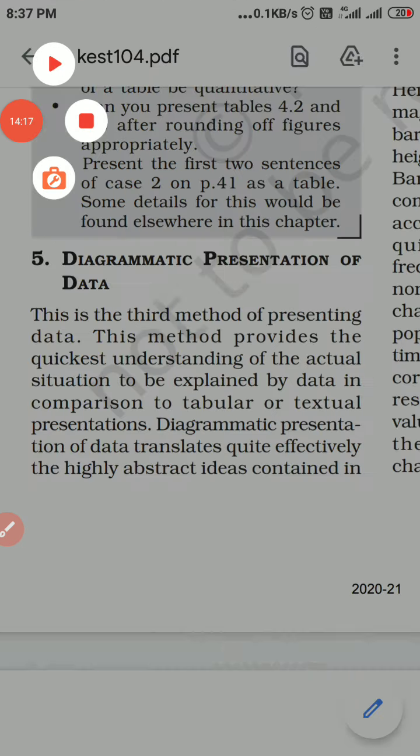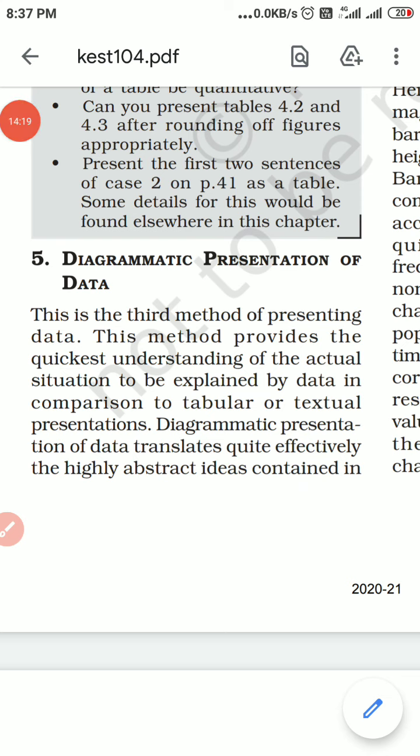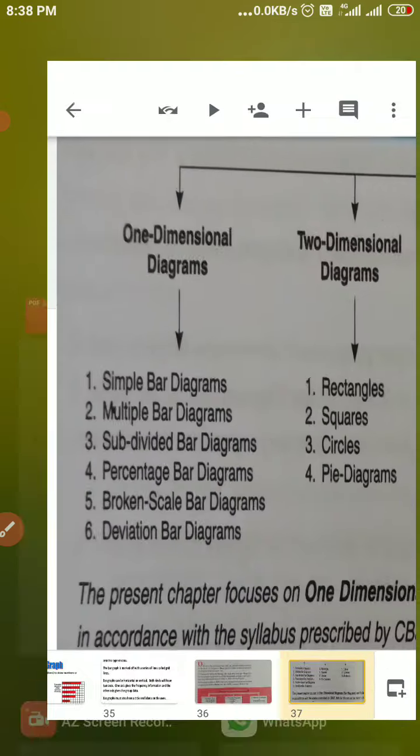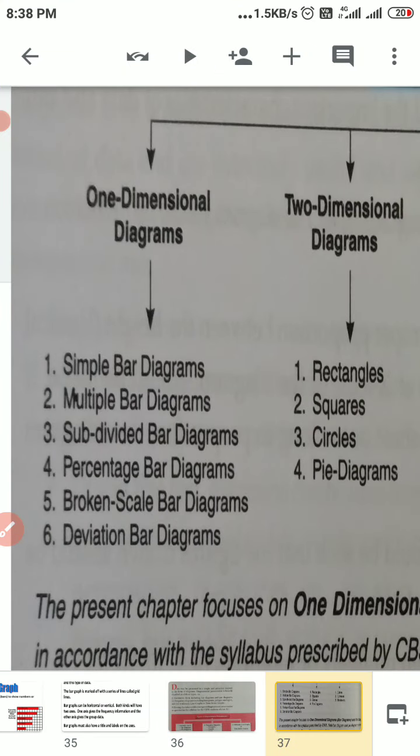Next is diagrammatic presentation. So we have discussed textual and tabular presentation. So now next one is diagrammatic presentation. You already know about many diagrams. So you can see here there are one-dimensional diagrams.